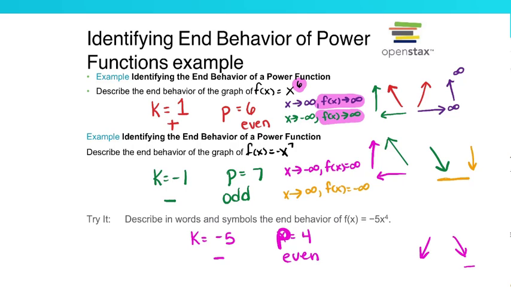So as x is approaching infinity and negative infinity, f of x for both of those is approaching negative infinity because it's going down. So as x approaches infinity, f of x approaches negative infinity. As x approaches negative infinity, f of x also approaches negative infinity.